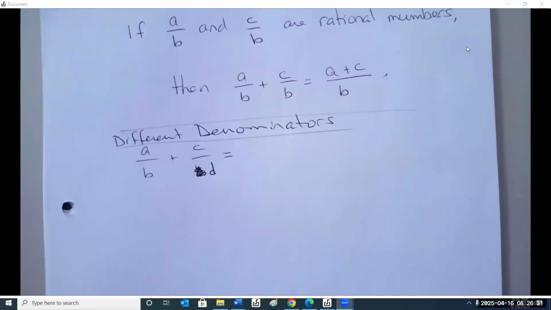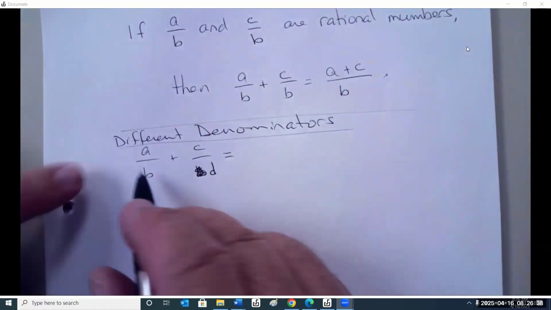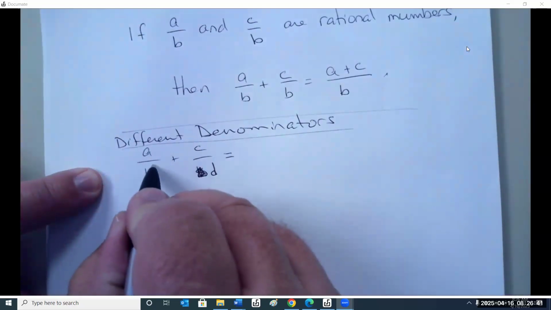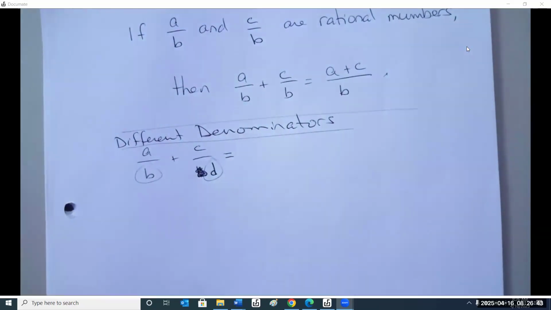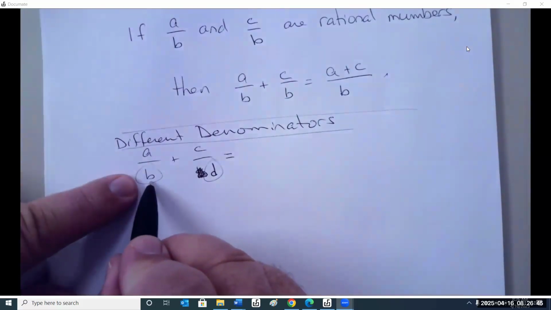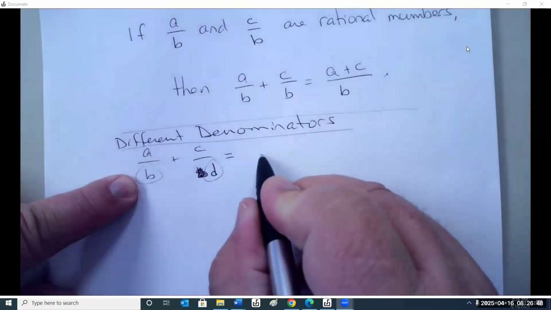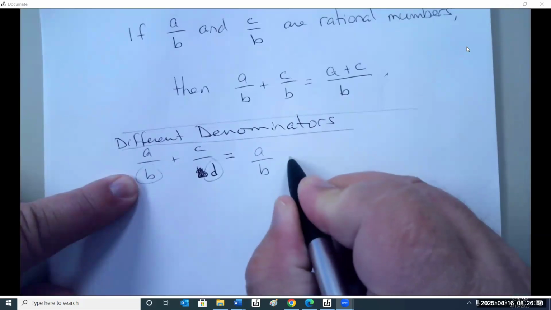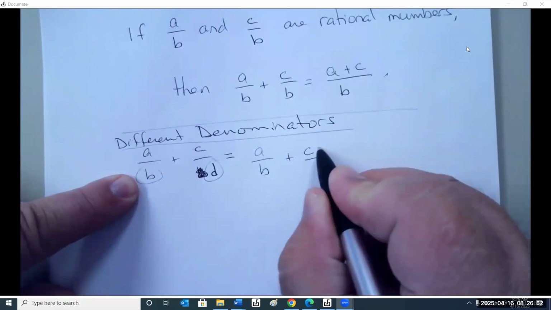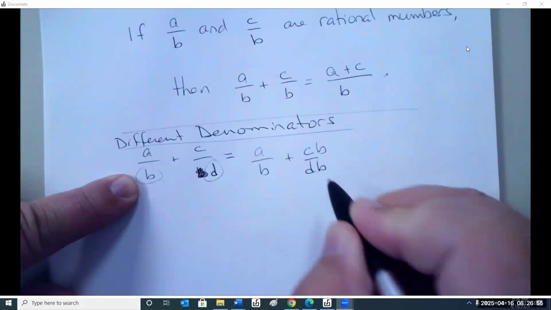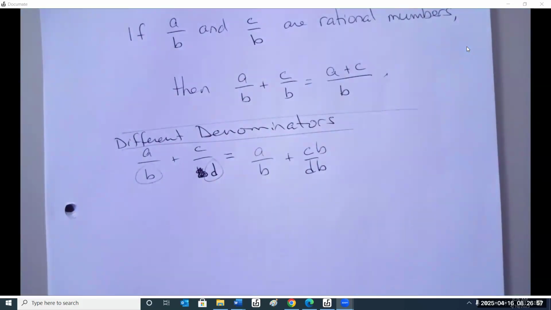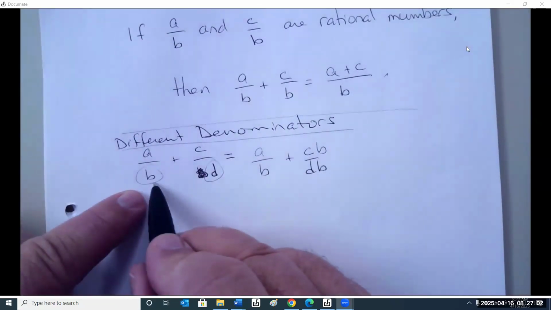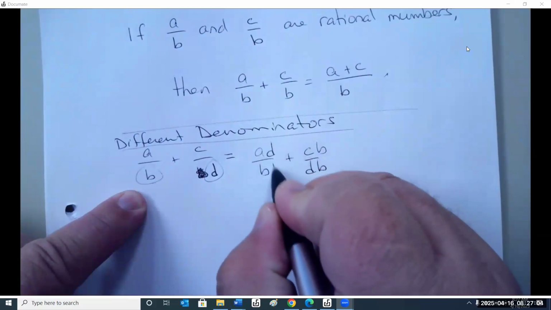No. Cross multiplication only works when you're solving a rational equation or proportions, a fraction equal to a fraction. What you have to do here is share the denominators. Since this one has a B, this one doesn't, I have to give them a B. This one has a D, this one doesn't, so I have to give them a D.